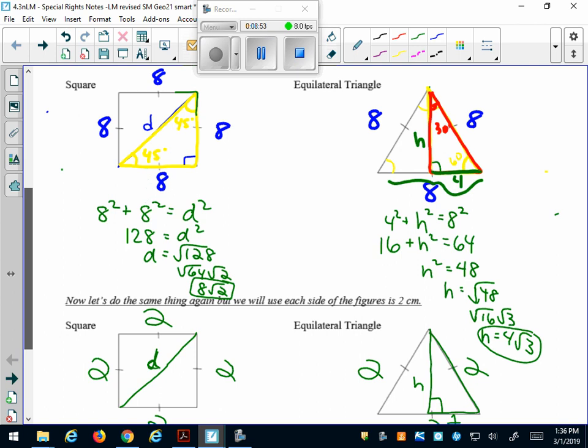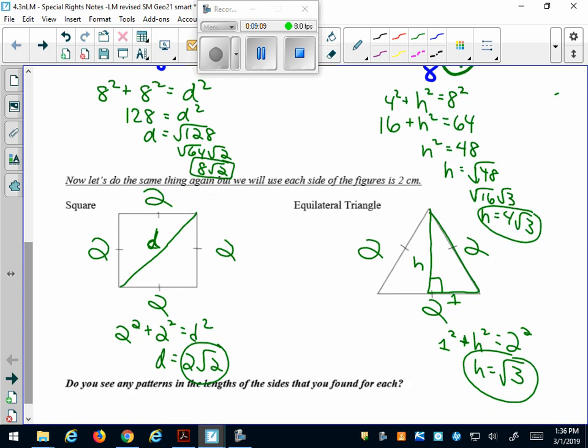Okay? Now, 30, 60, 90 triangles. We thought of this as half of an equilateral triangle. But if we just look at the 30, 60, 90 triangle, hypotenuse is 8. The shorter side was 4. Down here, the hypotenuse was 2. The shorter side was 1. You see that relationship? Hypotenuse is always twice as much as that shorter side.